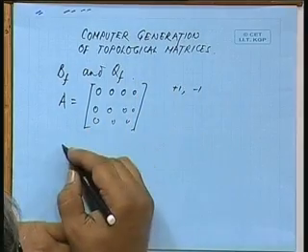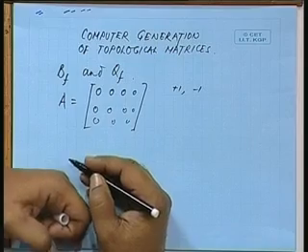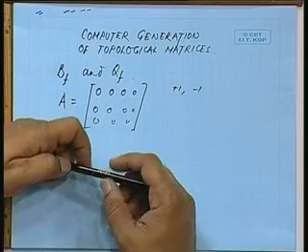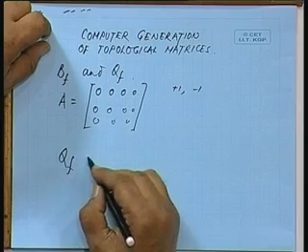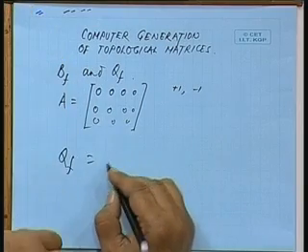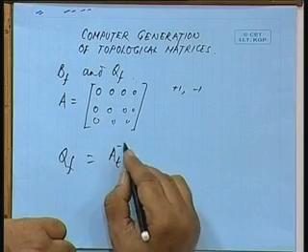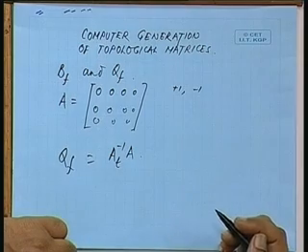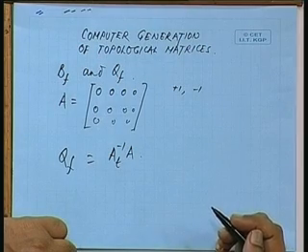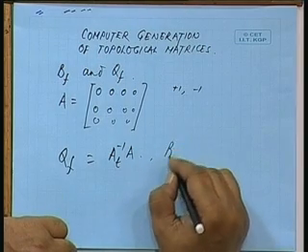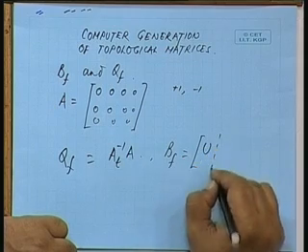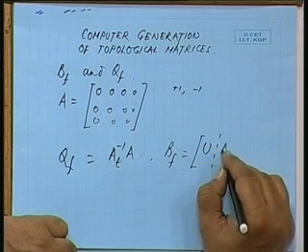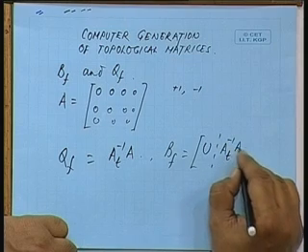Now, for QF, if you remember, it is A transpose inverse into A, and BF was a unity matrix and A transpose inverse AL.